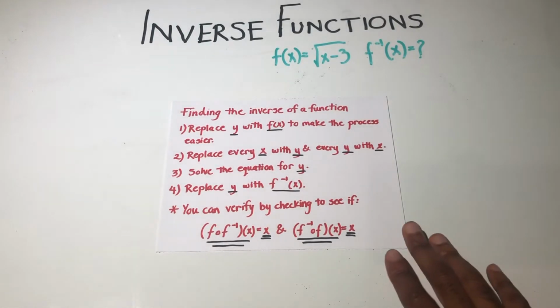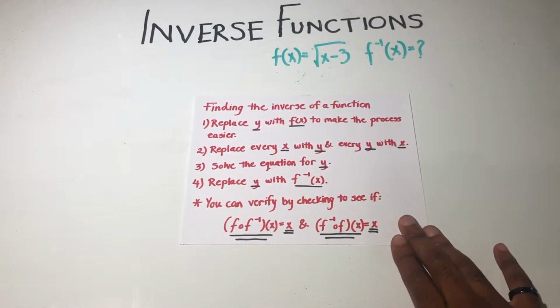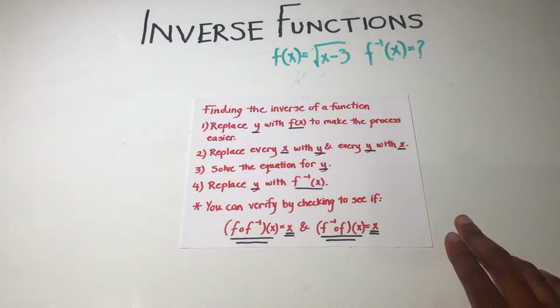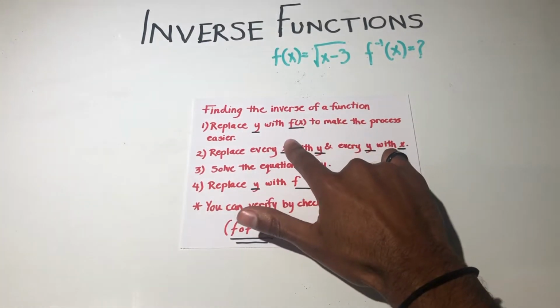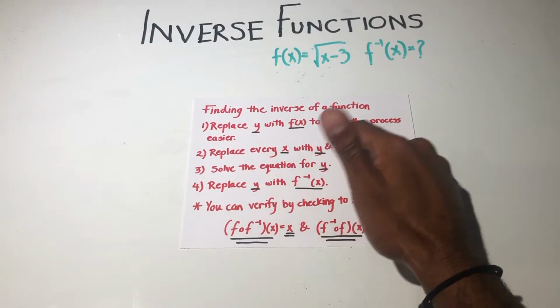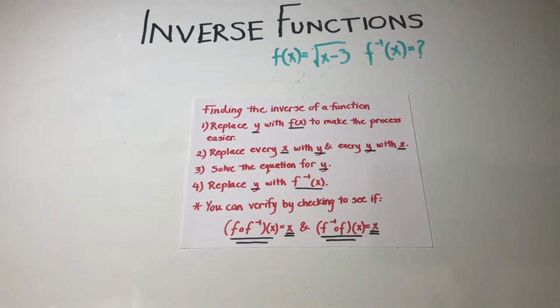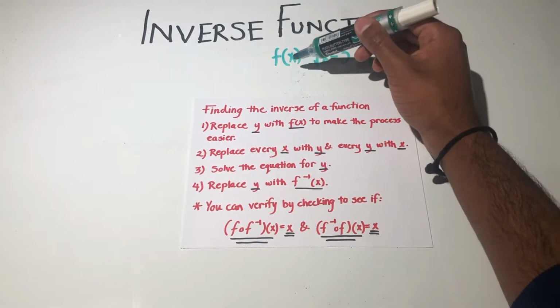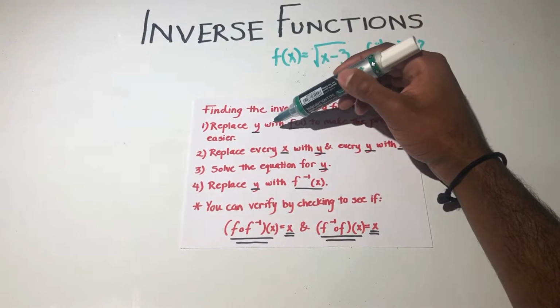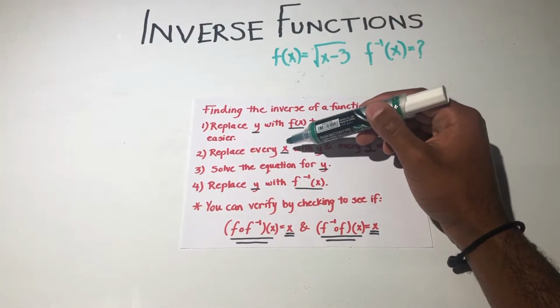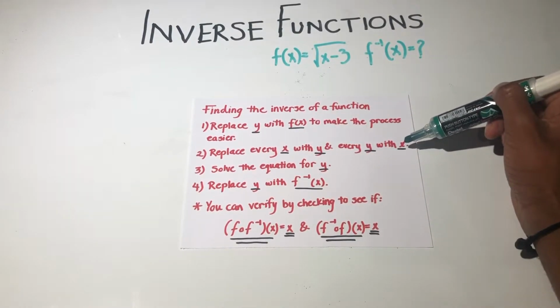And here's a set of guidelines that I wrote here in order to solve for inverse functions. First of all, you're going to replace every f of x or g of x, or whatever you're given, with y to make the process a little easier. That's what the first step is talking about. And then you're going to replace every x with y and every y with x.